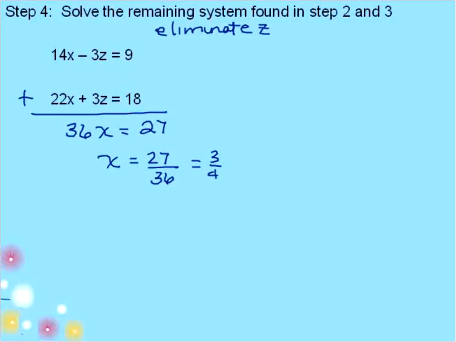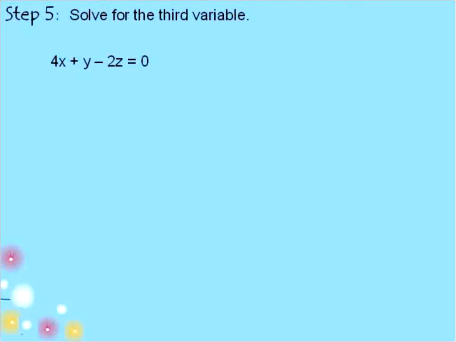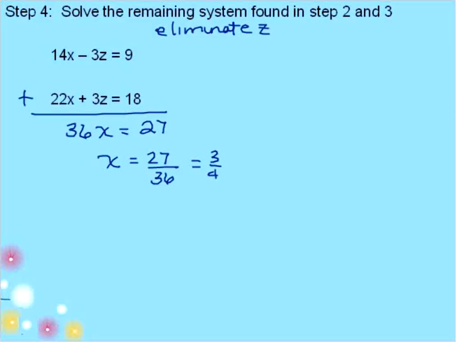Now, the final and remaining step here is going to be to figure out what the other variables are. Oh, actually, let's go back one spot here. Now we found one of the variables, x equal to 3/4. Now what we're going to do is find another one. So we're going to take 3/4 and substitute it back into one of the equations that we used, and I'm going to use the first one.